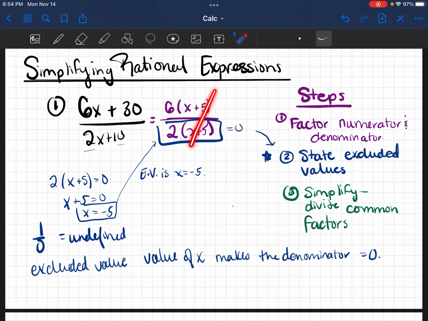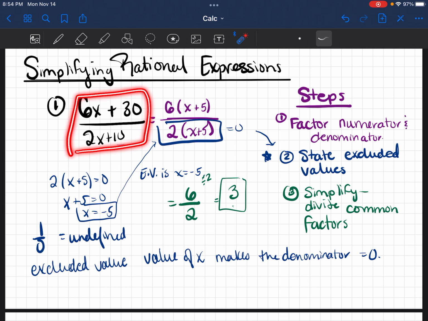So I can actually cross that out because x plus 5 divided by x plus 5 is just going to equal 1. And if I cross that out, my value remains unchanged. So now I have 6 over 2. I know that 6 and 2 can both be divided by 2, so I am left with 3. That is the equivalent form of this original rational expression.